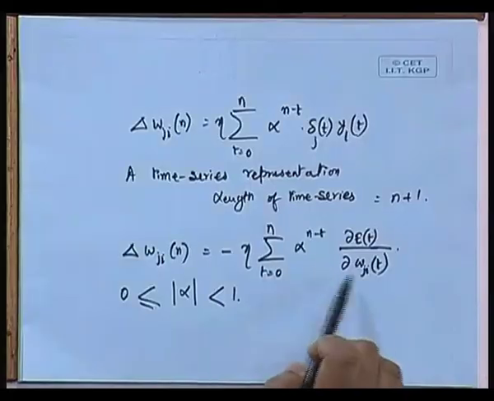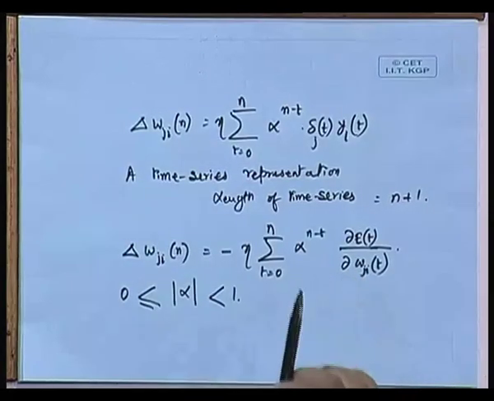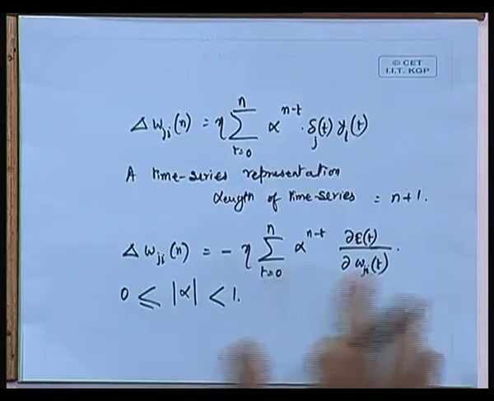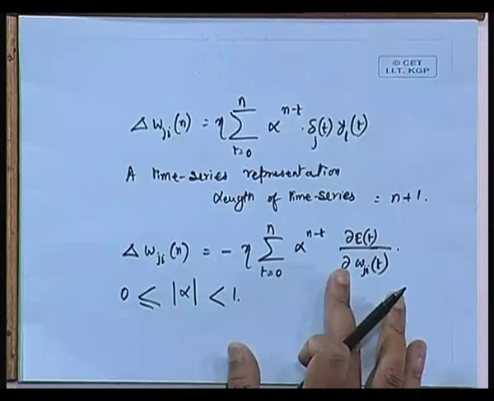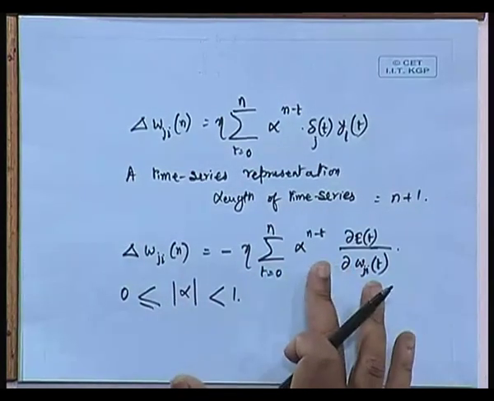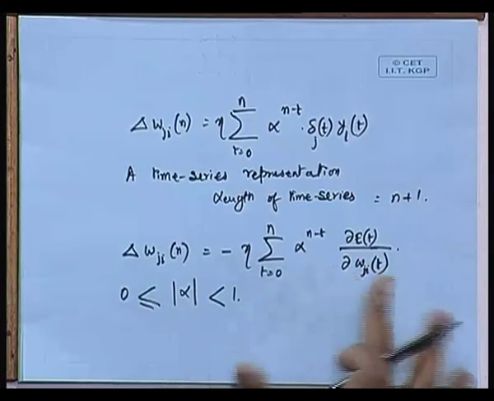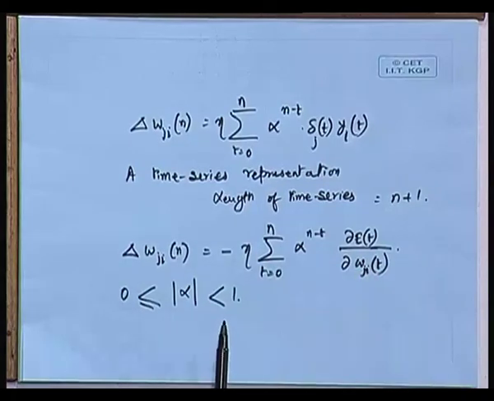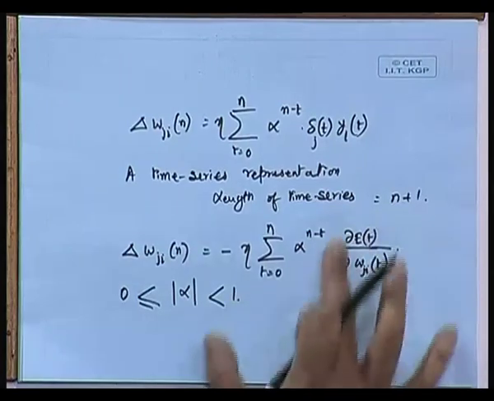If it is within 0 and 1, then one thing is very sure: this expression, alpha to the power n minus t into dou E dou Wji, is surely going to be a convergent series, because with the modulus of alpha being less than 1, it is going to be convergent.